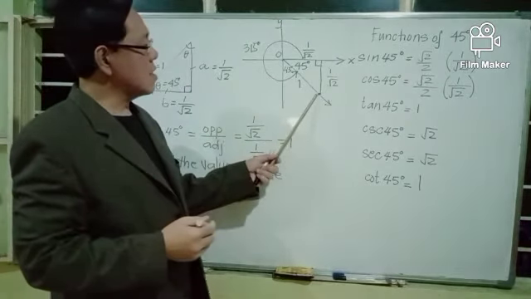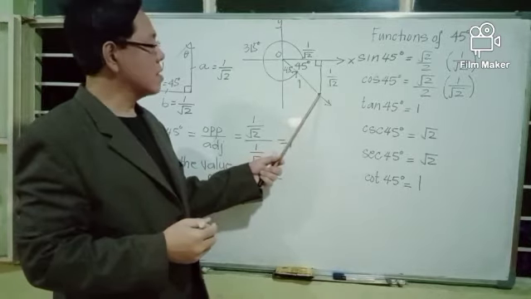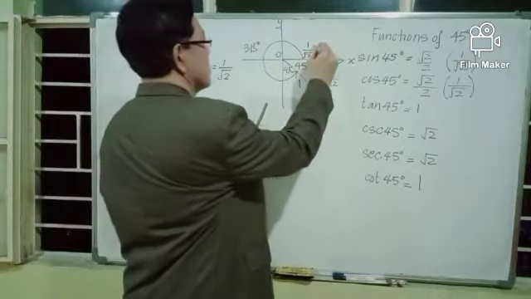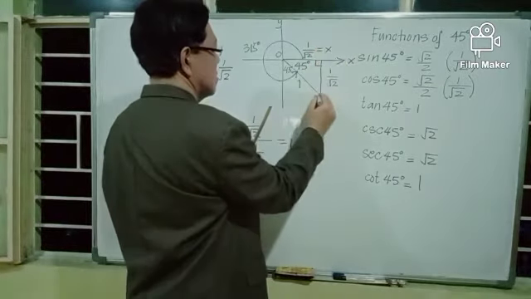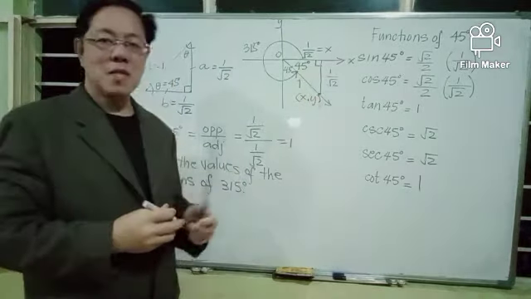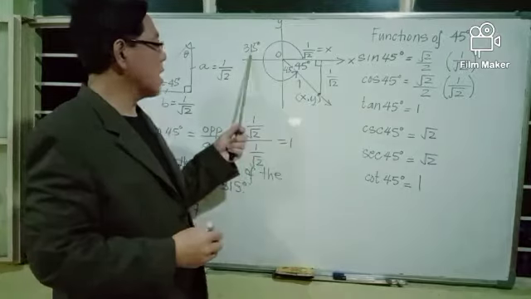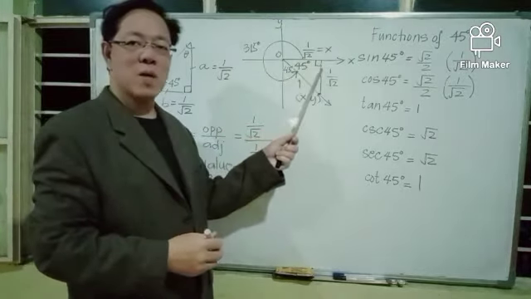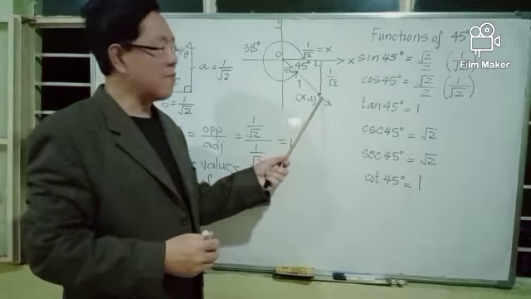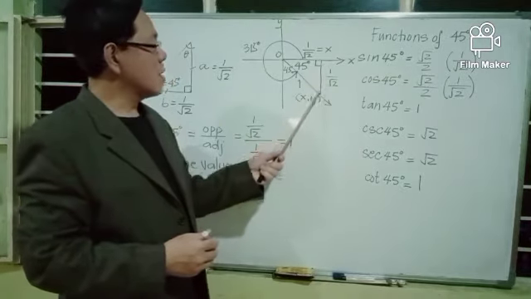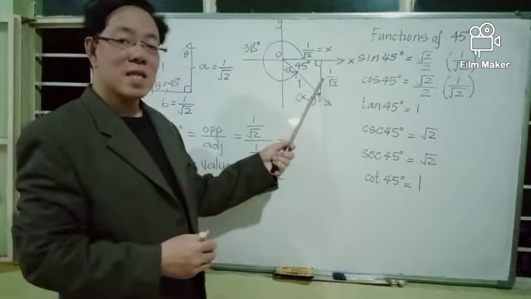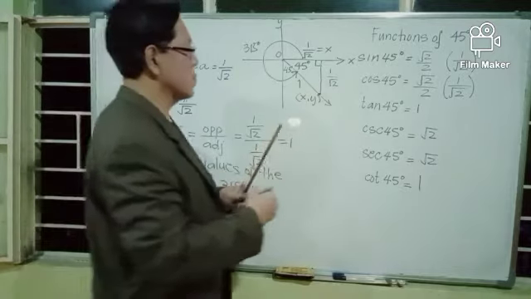Which means that the coordinates of this point, its x is 1 over square root of 2. The abscissa of this point on the terminal side of 315 degrees is 1 over square root of 2. And the ordinate y, since this point is in the fourth quadrant, below the x-axis, is negative: the negative of 1 over square root of 2.